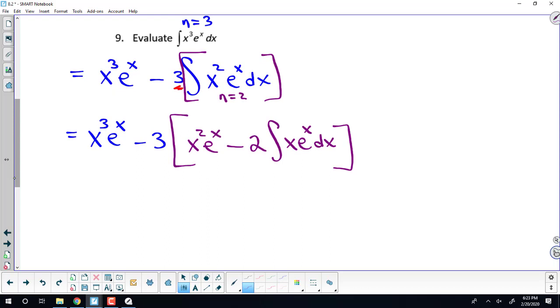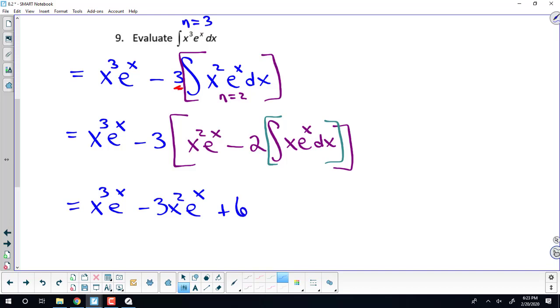And then you apply the reduction formula once more to this thing right here. Personally, before I did that, I would just clean this up a little bit, and just apply the reduction formula to this thing.